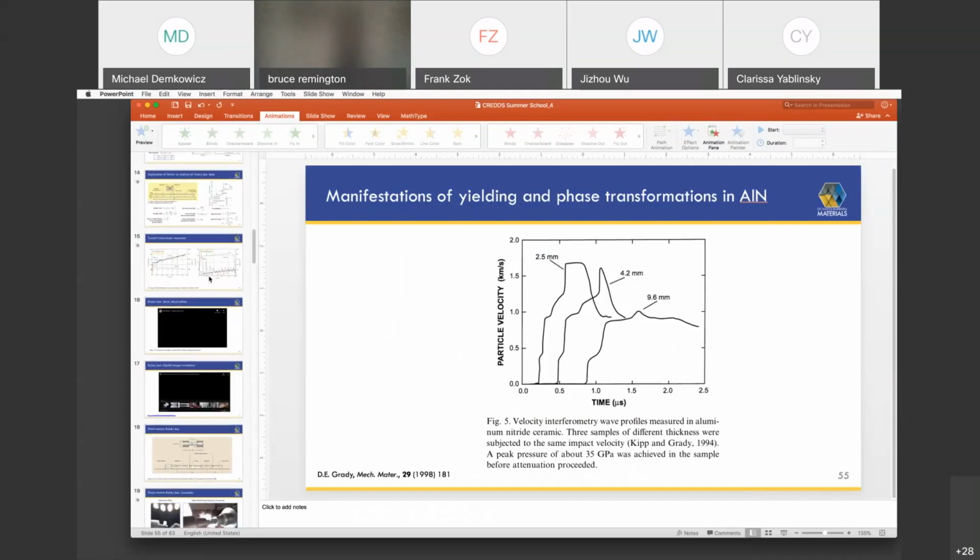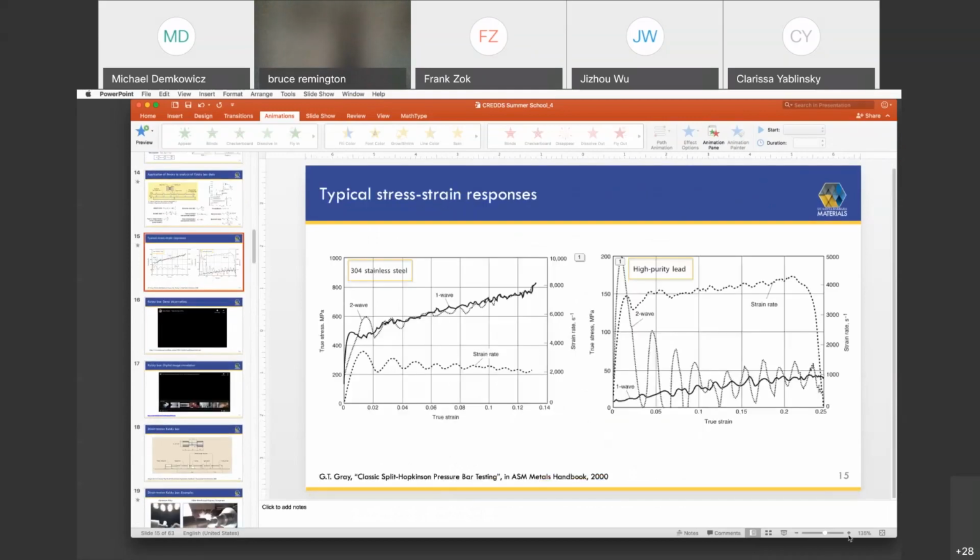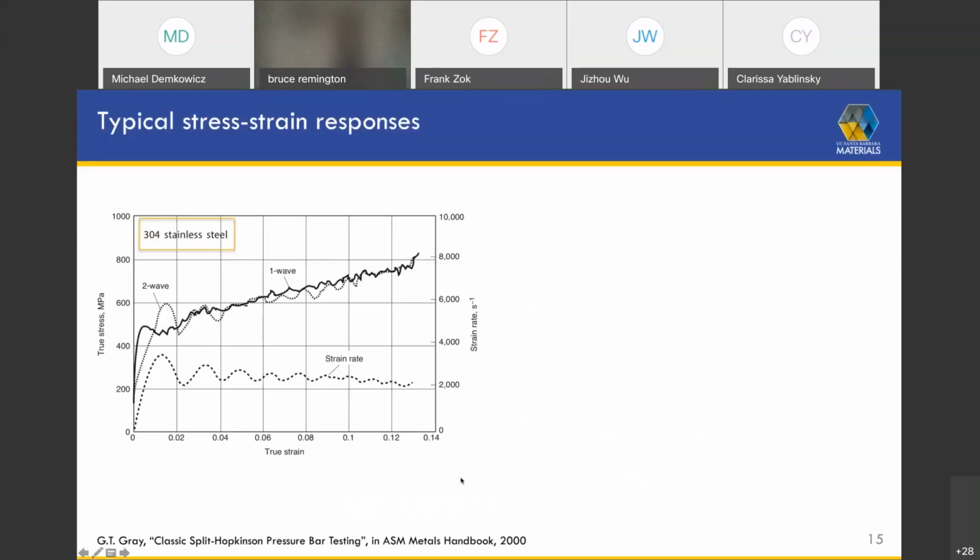You're spot on, Michael, in your question. The oscillations you see here in strain rate are a direct consequence of these dispersion effects that you're referring to. The magnitude of these dispersion effects will depend on the size of the bars that you're using.